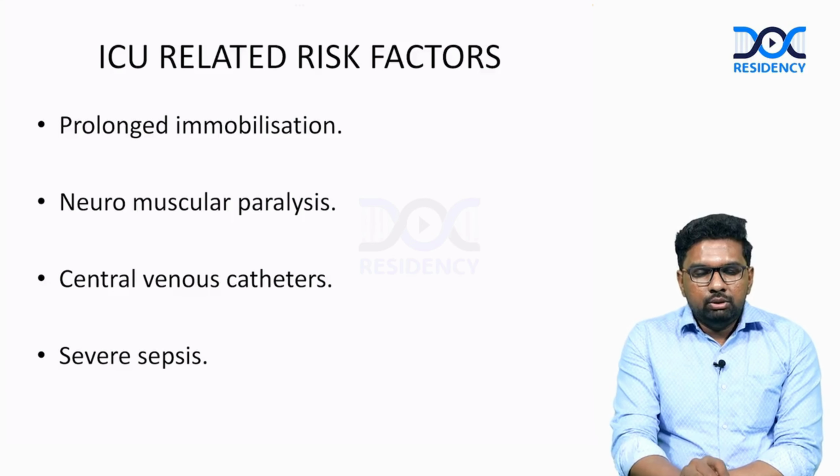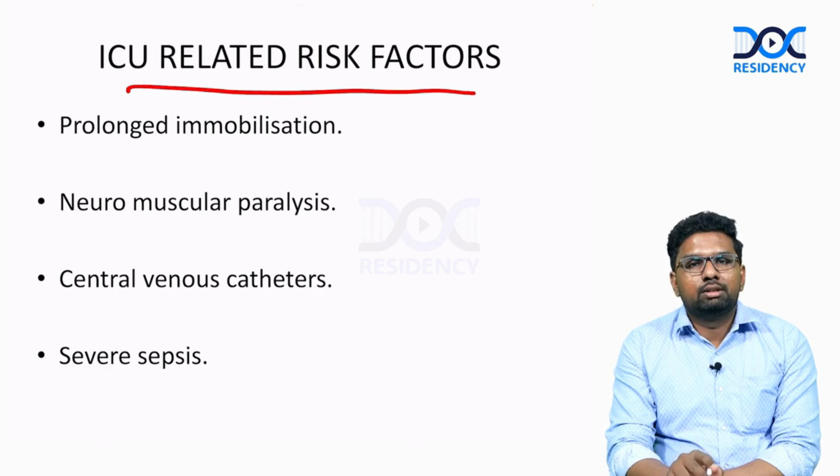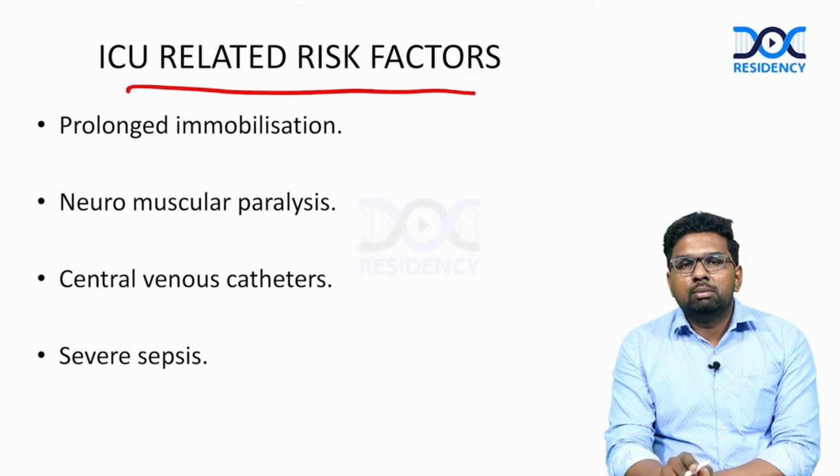So, what are the ICU related risk factors? We should know about the ICU related risk factors because pulmonary embolism is the most common preventable cause of death in the hospitalized patient.